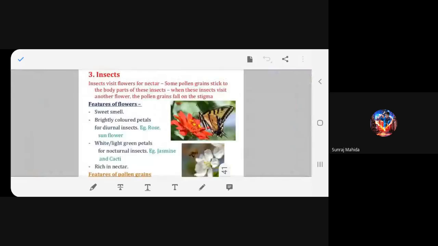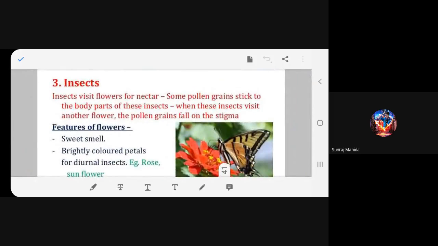Features of pollen grains: sticky pollen grains. So you saw the difference between wind and insects. Insects go to flowers for nectar, you know that. When they go to those flowers, certain pollen grains stick to their wings. And when these insects with pollen on their wings go to another flower, the pollen grains fall on the stigma and pollination takes place. The flowers are very sweet smelling, so they attract the insects.